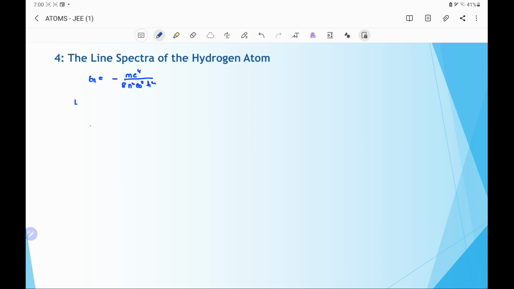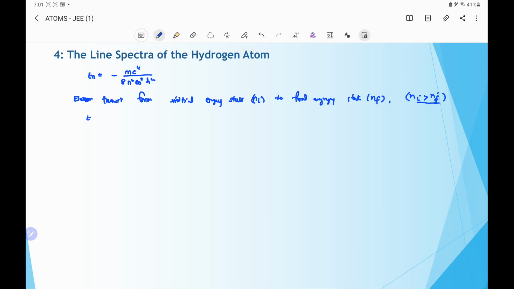Suppose an electron transits from an initial energy state, that is Ni, to a final energy state, say Nf, where Ni is greater than Nf. So in this transition there will be the emission of a photon.